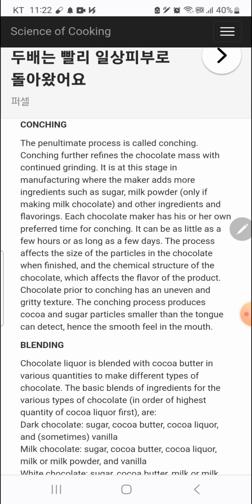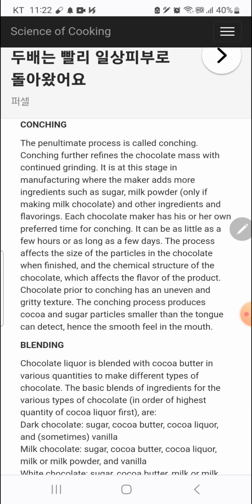The process affects the size of the particles in the chocolate when finished and the chemical structure of the chocolate, which affects the flavor of the product. Chocolate prior to conching has an uneven and gritty texture.